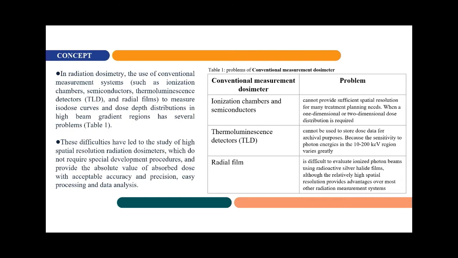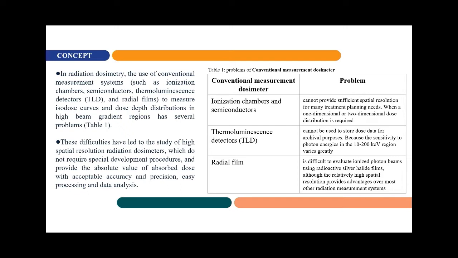Concept. In radiation dosimetry, the use of conventional measurement systems such as ionization chambers, semiconductors, thermoluminescence detectors, TLD, and radiographic films to measure isodose curves and dose depth distribution in high beam gradient regions has several problems.